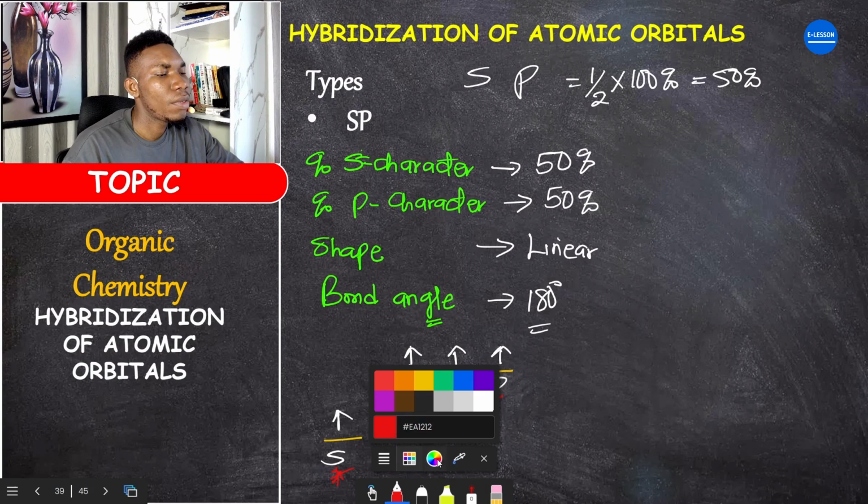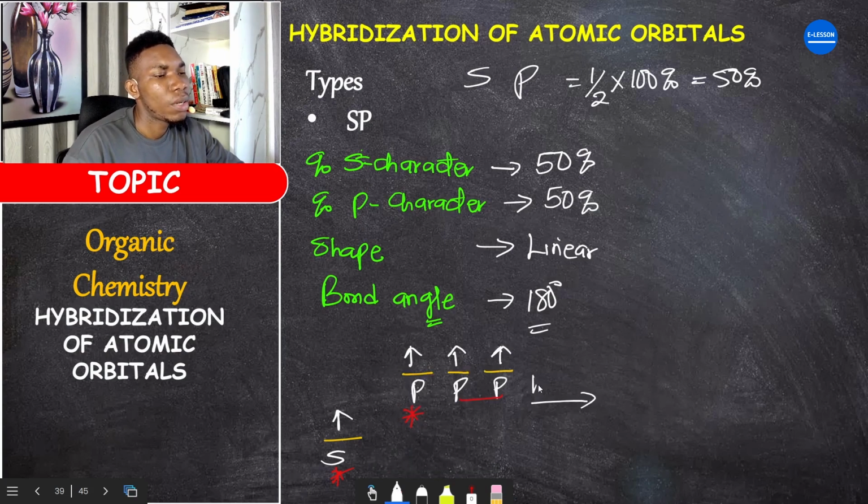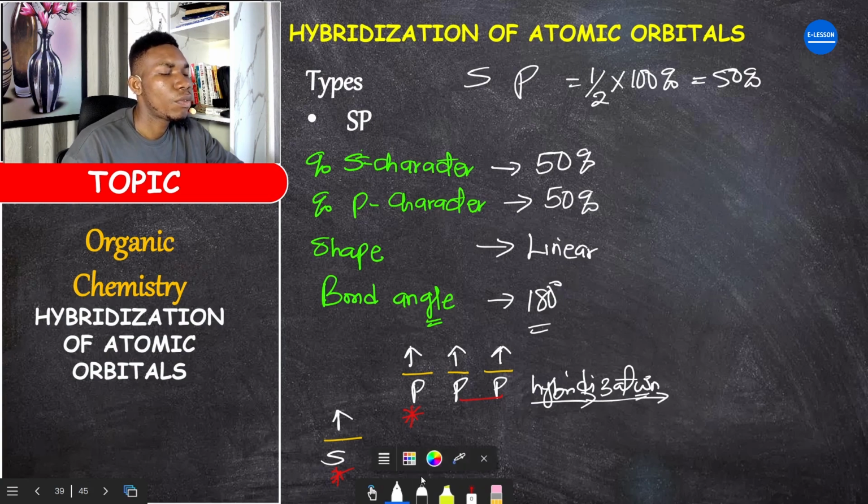So at the end of the day, my dear student, when hybridization took place, you have hybridization, the process. What are you going to form? Now, you are going to form hybrid orbitals, which will be directly in between S and P, 50%. So we can place it somewhere around here.